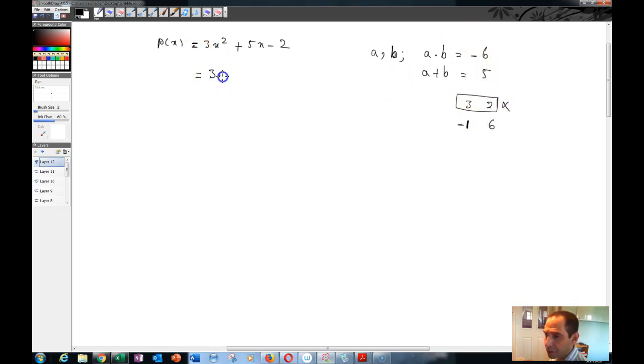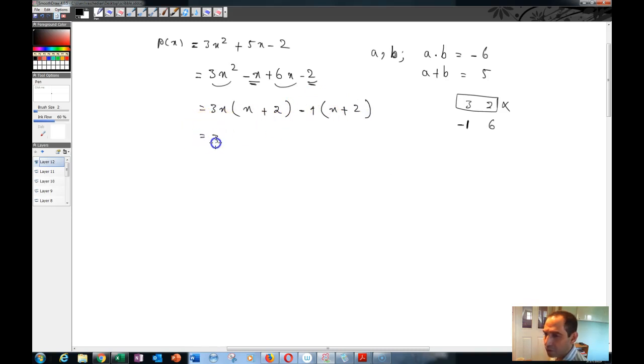So I write this as 3x squared minus x plus 6x minus 2, and then I can take these two together and take a 3x out, so x plus 2, and take a negative 1 out from these two, and that would be x plus 2, right?